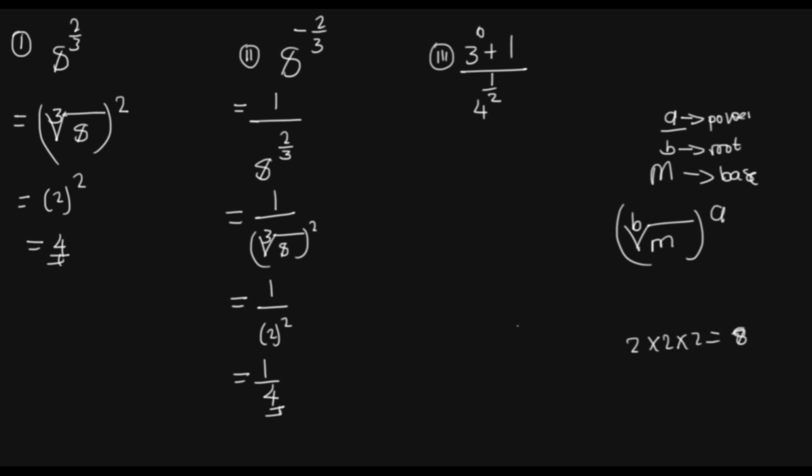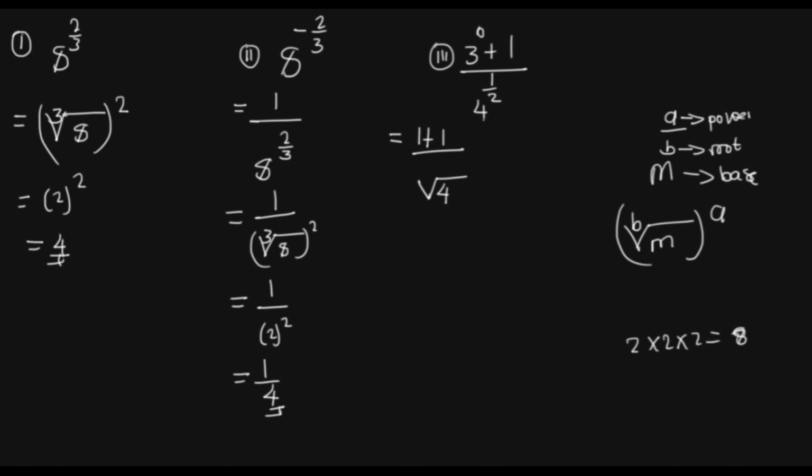Now let's look at the way we can simplify this one. On top we can see that 3 is raised to the power 0, and we said anything raised to the power 0 is 1. So 1 plus 1 over. Now for the denominator part, we can see that we have a fraction, so we are going to simplify it the way we did with the first part. So what we are going to do is the square root. The base, we can see that the base is 4.